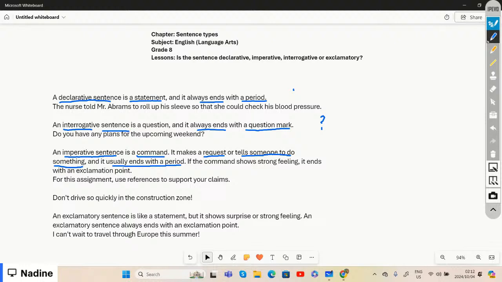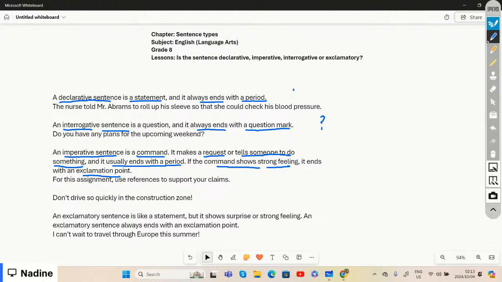It's nothing forceful, but if the command shows strong feelings, then it ends with an exclamation point. If you look at a subtle request, an imperative sentence, an example is: for this assignment, use references to support your claim.